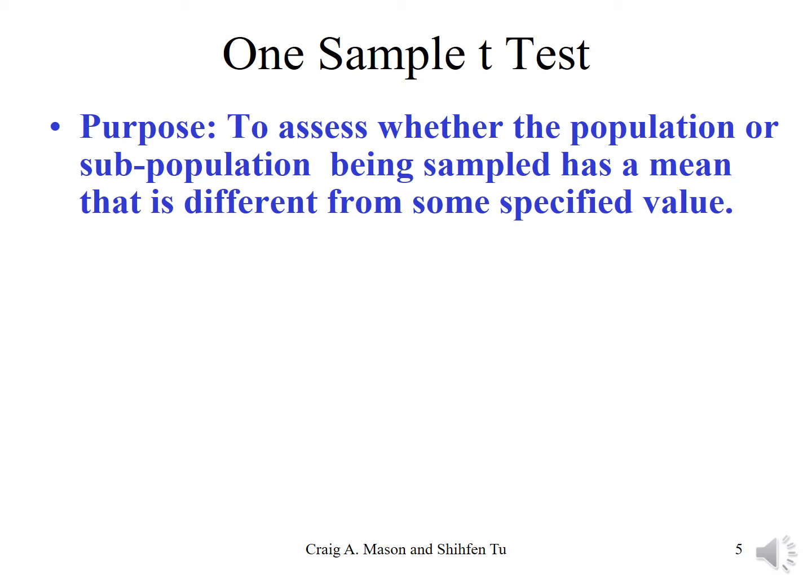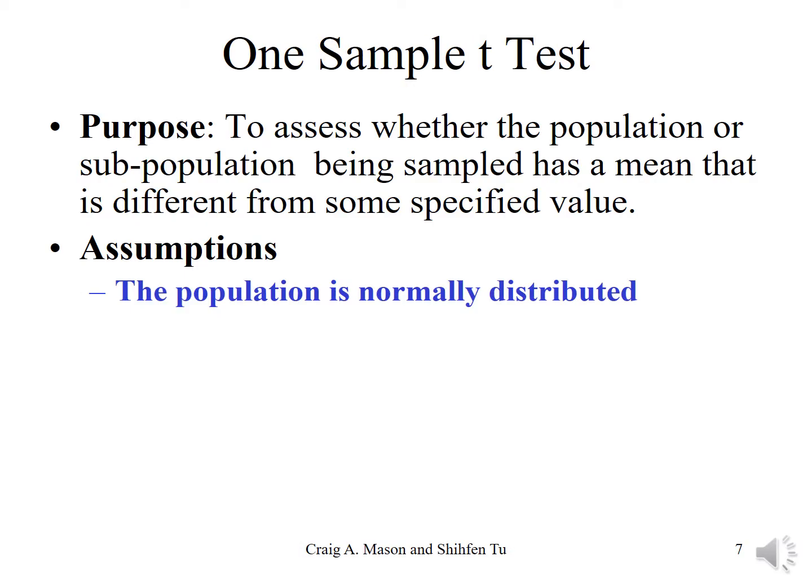That is, to see if the population reflected in our sample has a mean that's different from some specified value. The population may be clear and easy to define, such as high school students in Wisconsin, or it might be something a little more theoretical, such as the population of people who might receive an intervention.